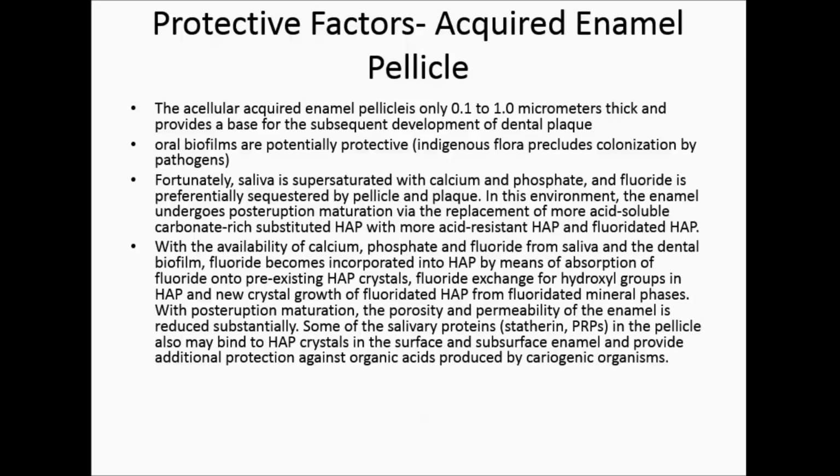With post-eruption maturation, the porosity and permeability of the enamel is reduced substantially, all a benefit of the acquired enamel pellicle during post-eruption maturation. And I feel it's remarkable to comment that these key proteins can be incorporated into our biofilm even after the tooth has erupted.